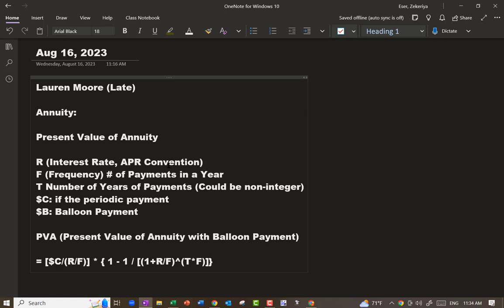That first part is the present value of the equal payments, okay? To that, we're going to add the present value of the balloon payment, B divided by 1 plus R over F raised to the power T times F. And, all right.